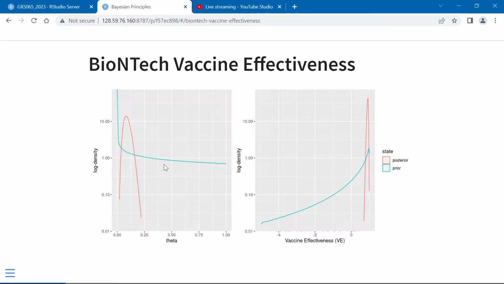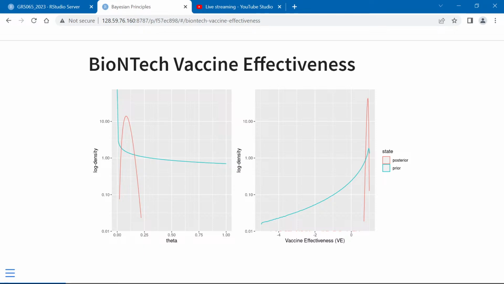But this prior on theta and the induced distribution on the vaccine effectiveness did a poor job of reflecting informed scientific belief at the time, which is to say during 2020, when virologists and public health people were skeptical that mRNA vaccines would work, because they by and large had not worked prior to this one and the one for Moderna.